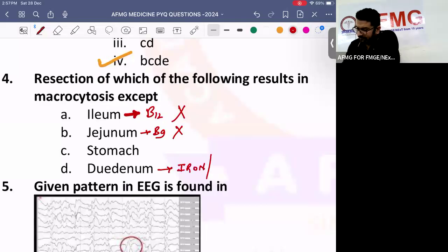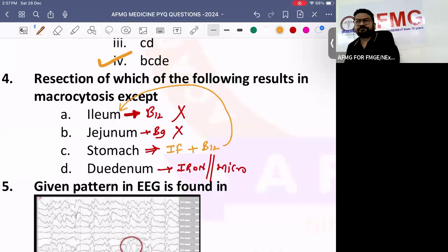And iron deficiency is microcytic. Clear? Now coming to stomach. Stomach में B12, B9, iron का absorption नहीं होता. But stomach will produce intrinsic factor, and this intrinsic factor will take B12 where? To ileum for absorption. समझ आया?